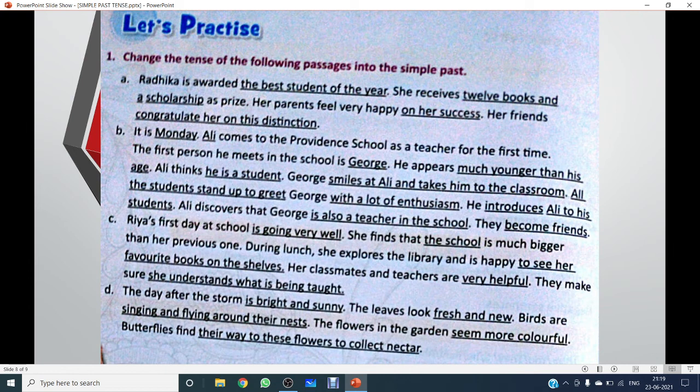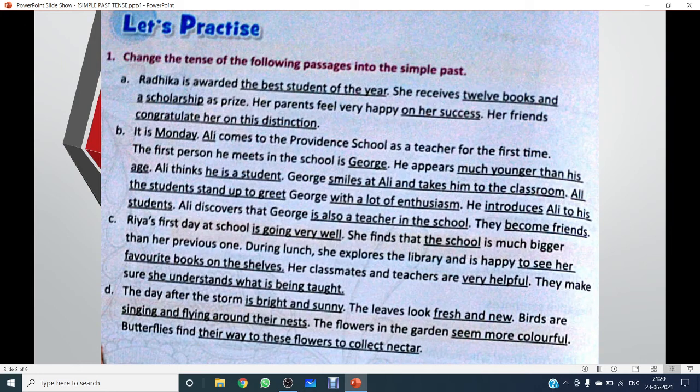George smiles at Ali and takes him to the classroom. So George smiles will become smiled. George smiled at Ali and took him to the classroom. All the students stand up to greet George with a lot of enthusiasm. All the students stand up will be stood up to greet George with a lot of enthusiasm. He introduces Ali to his students.